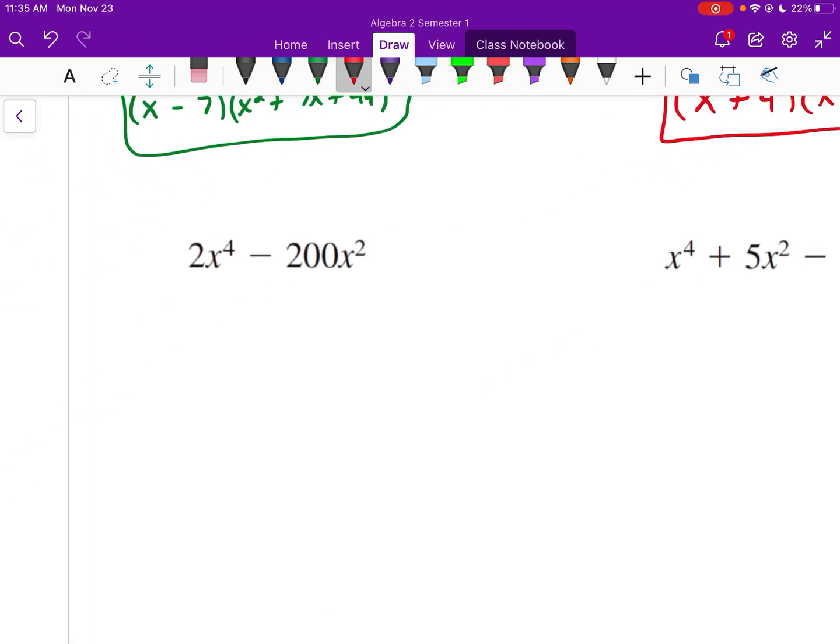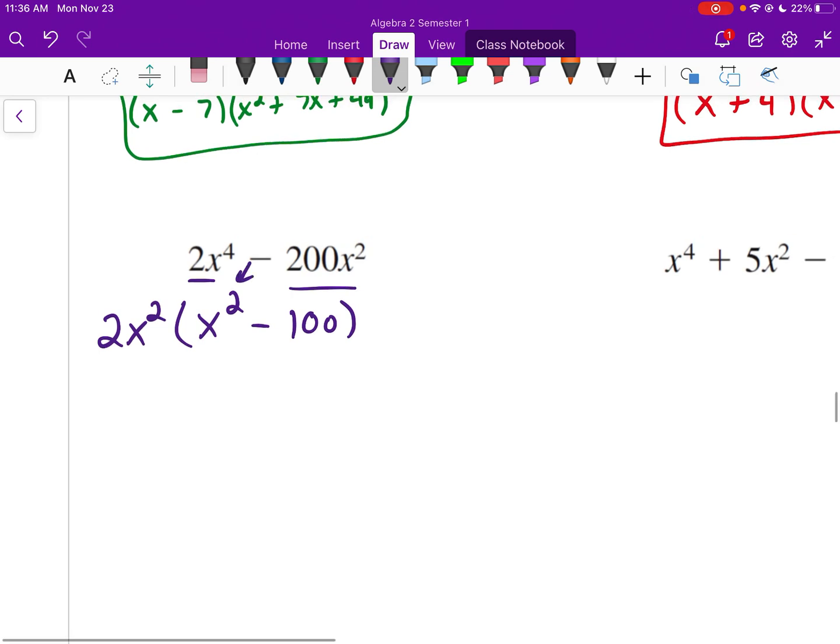Okay, so here we got a polynomial with two terms. Look for that greatest common factor, 2x to the fourth, 200x squared. I see that 2 goes into both and there's 2 x's, so 2x squared would be our greatest common factor. And then it would be x squared minus 100.